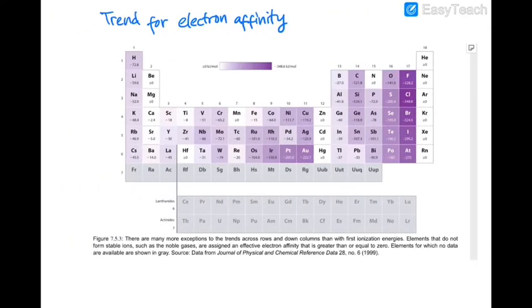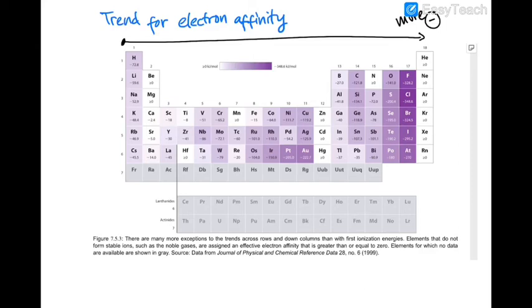Now you are looking at the trend for electron affinity. Just like other parameters, you can also find some kind of trend for this electron affinity parameter. However, in this case, you will find many more exceptions to the trends across rows and down the columns in comparison to the other parameters. Now, in general, you can say that going from left to right, the electron affinity becomes more negative.